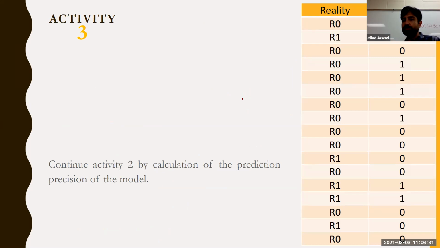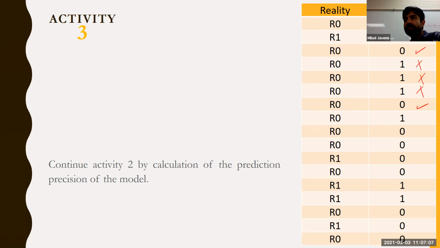Here you see we have 2 columns, my friends: the column of reality and the column of prediction. Here, the prediction is wrong because reality is 0 and prediction is 1. Here it is correct. So wrong, correct, correct, wrong, wrong, wrong, correct, and like that. We continue to the rest.